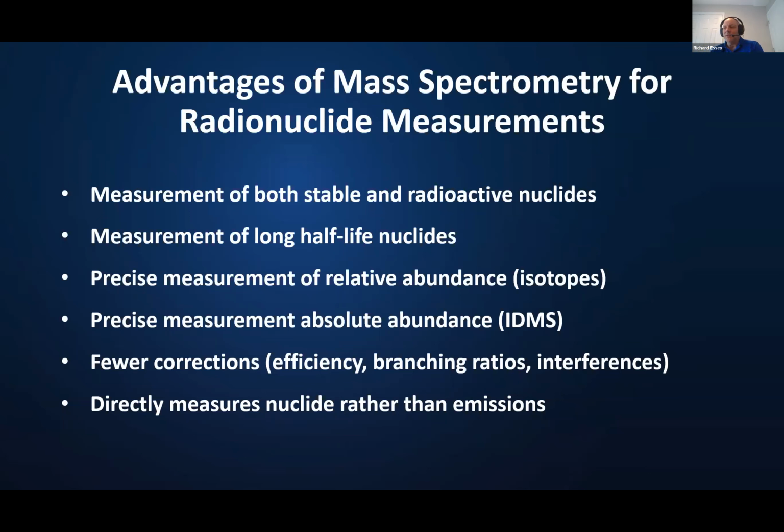I'm forgetting off the top of my head, but there might even be opportunities, not so much in energy branching ratios, but in complex decay schemes for mass spectrometry. Sorry, I'll maybe elaborate on that a bit more later.